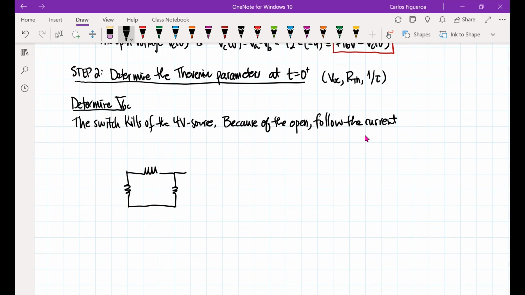And then here's my open, which I'm now going to call B. I'm now going to call that A. And I'm going to use the same ground as before. And then I have my current source right here. So this is my circuit here.